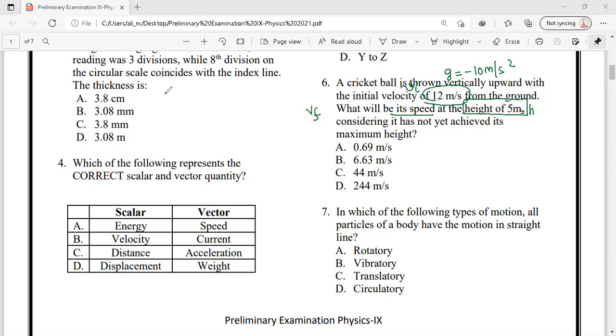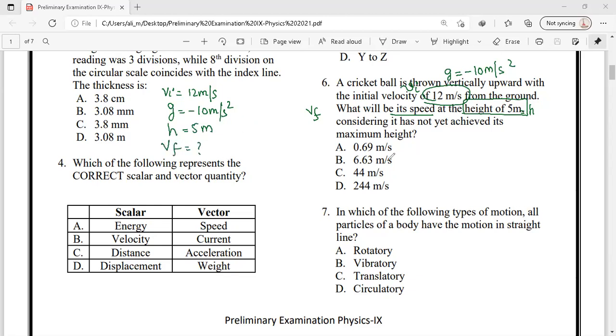So the data we have is initial velocity 12 meters per second, and the value of gravitational acceleration, that is minus 10 meters per second square, and we have the height, that is 5 meters, and we have to find the final velocity.